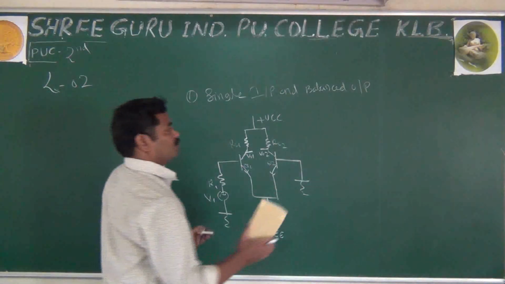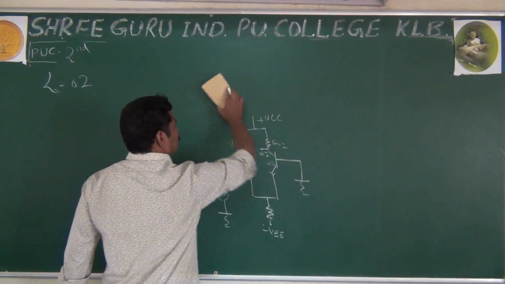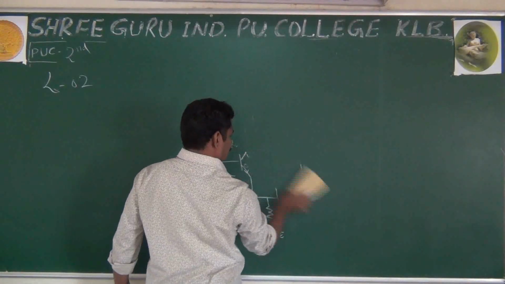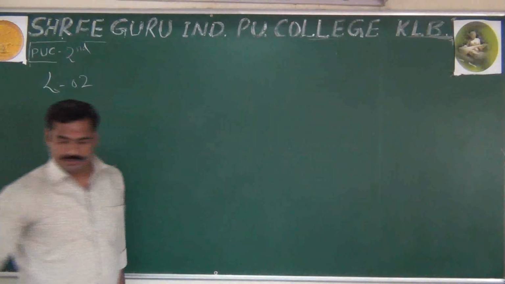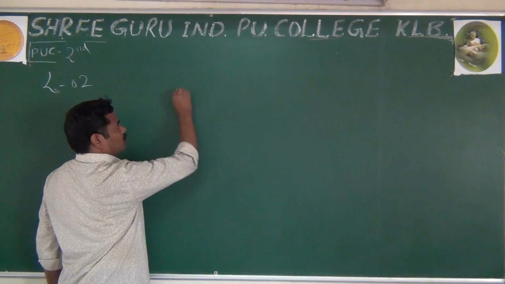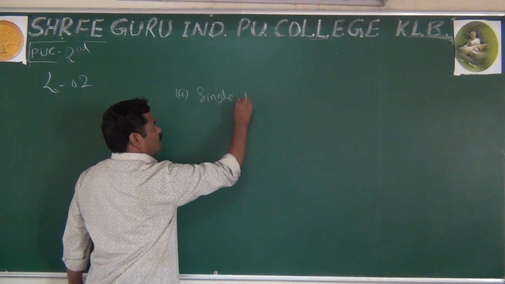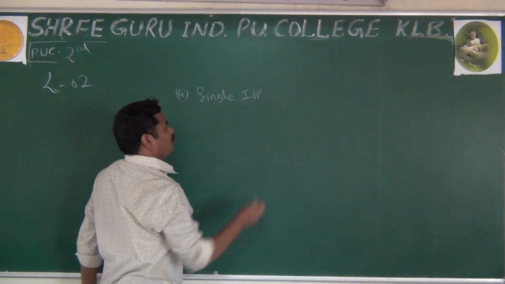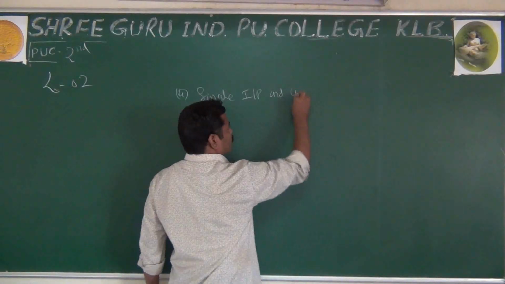Now we go for the last one, the fourth one, that is called single input and unbalanced output.